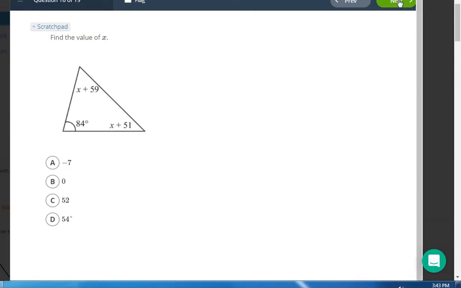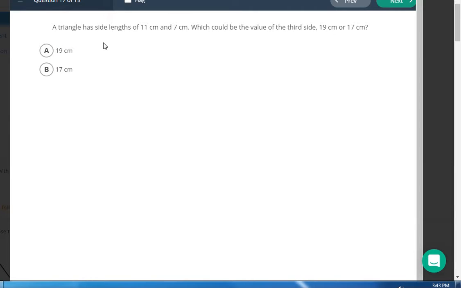Moving right along, we are on the next one. A triangle has side lengths of 11 and 7. Which could be a value of the third side? Well, we know that if we have a triangle, in order for it to be able to stand up and touch this point here, this side here has to be larger than the difference of these two sides.